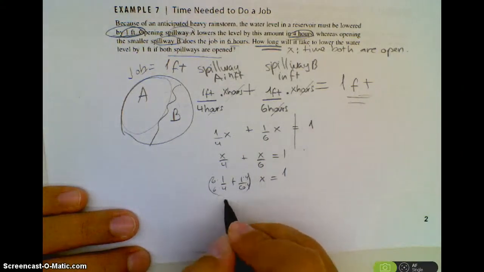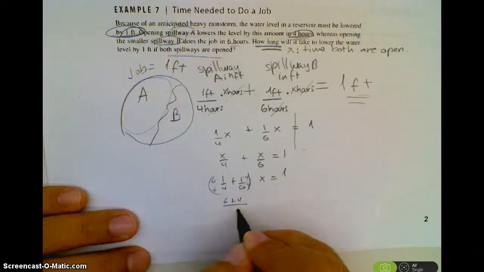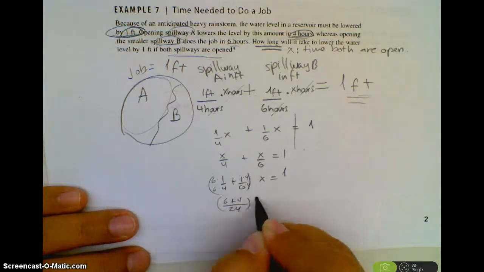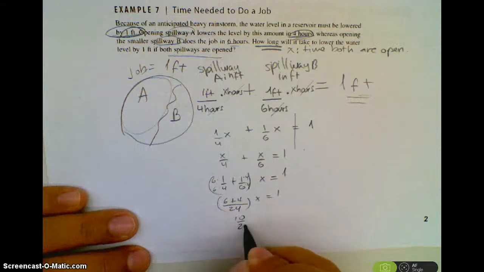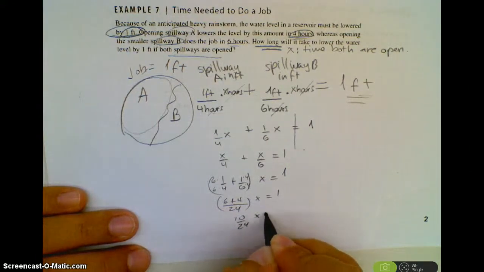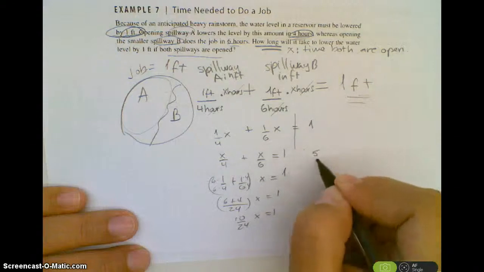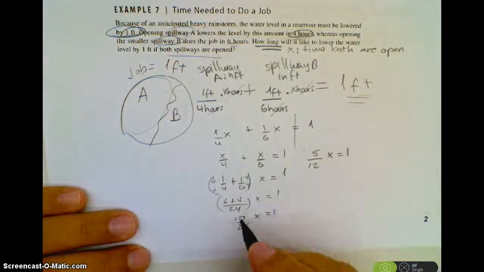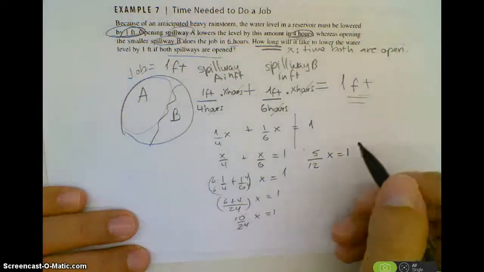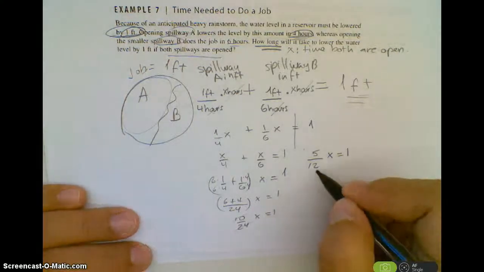Okay, so I have 6 plus 4 over 24, x equals 1. 6 plus 4 is 10 over 24. Then 10 over 24, that is 5/12 of x equals 1. I just simplify half and half. Now 5/12 cannot be reduced.